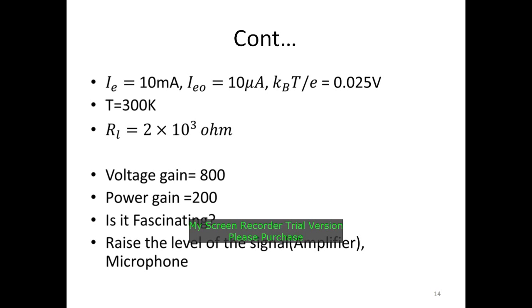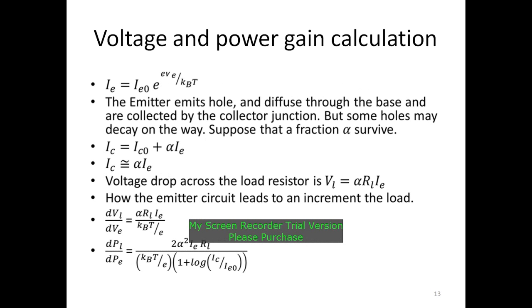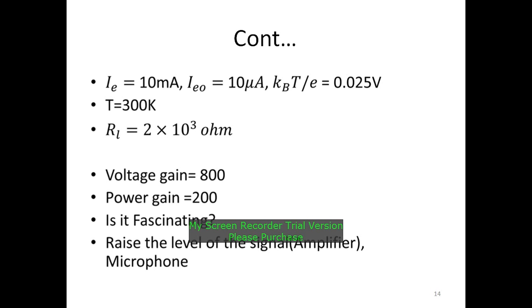At room temperature, it reduces to 0.025, and let's consider RL of 2 kilo ohm. So if you substitute those values in the previous two equations, in this equation and this equation, we get a voltage gain of 800 and a power gain of 200.